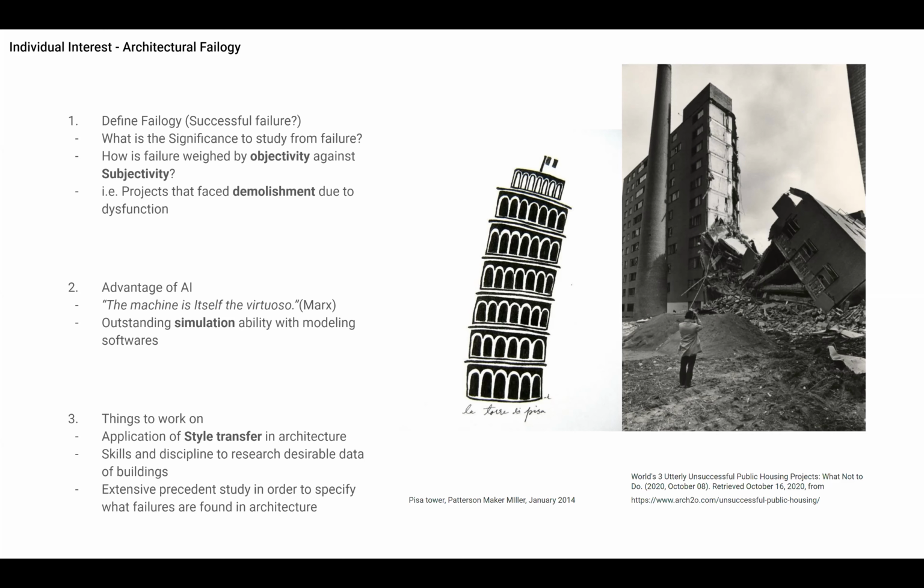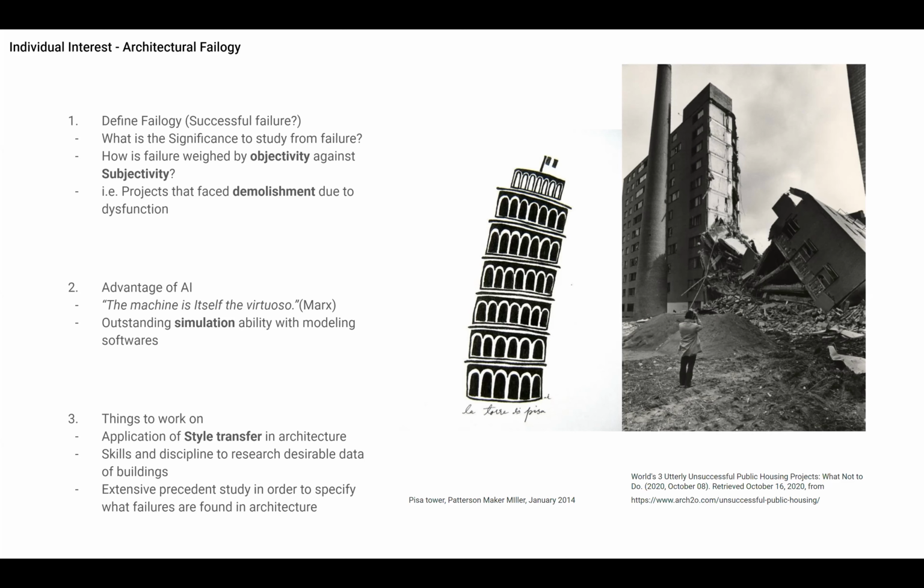And if we try to frame the discipline of failure in architecture very rigidly, so let's say demolishment is a sign of failure, then how do we quantify that so that we can measure it with data?